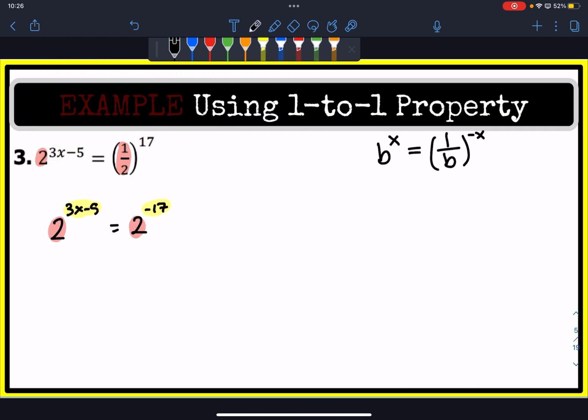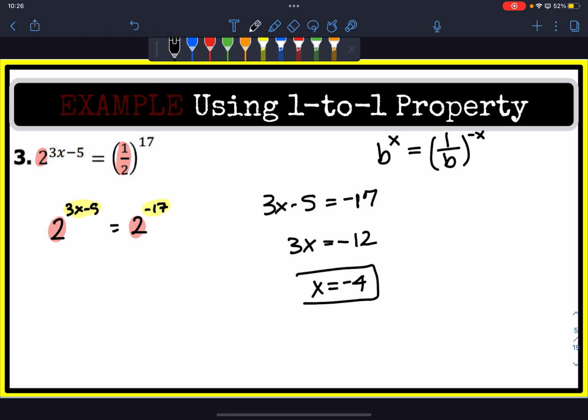So the equation would be that 3x minus 5 equals negative 17. I would add 5 to both sides to get negative 12, divide by 3, and x equals negative 4. So this is the solution to this equation.